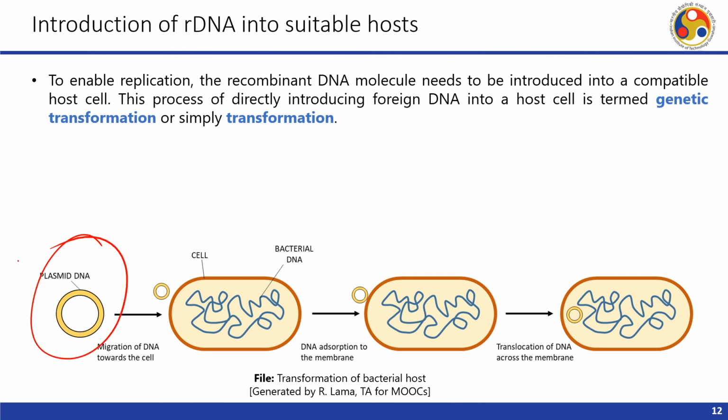So, this is the plasmid DNA, and there is a loaded DNA over here. Then this plasmid will migrate towards the cell, and DNA will adsorb to the membrane here, as you can see, and then it will enter by the process of translocation across the membrane.